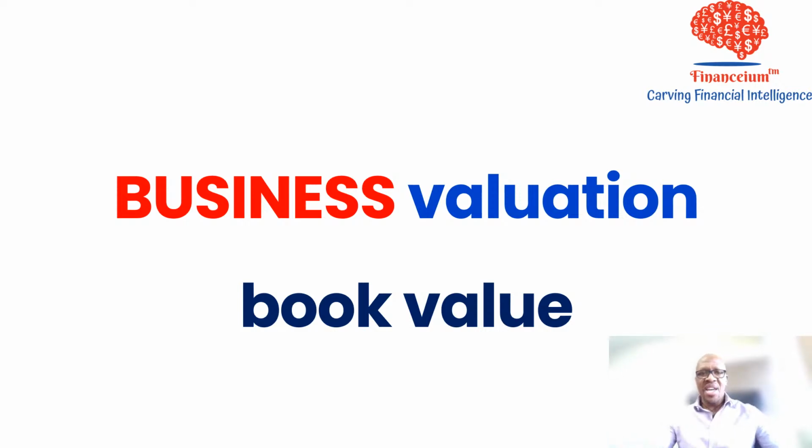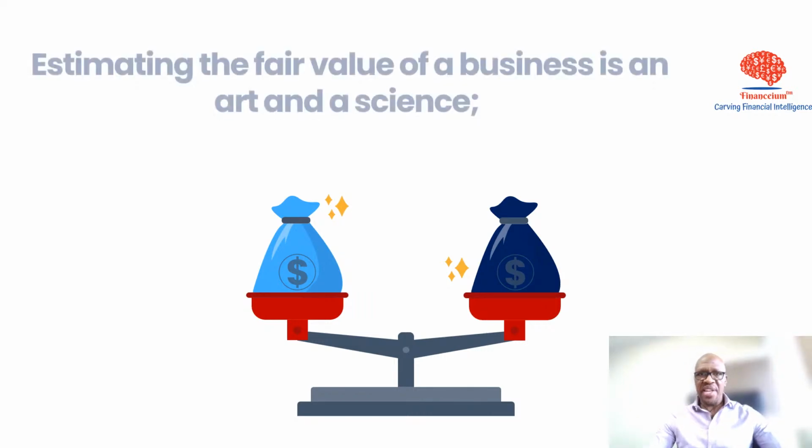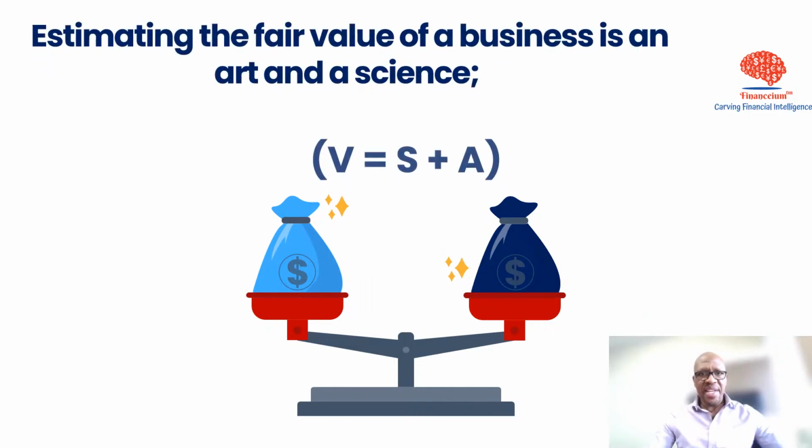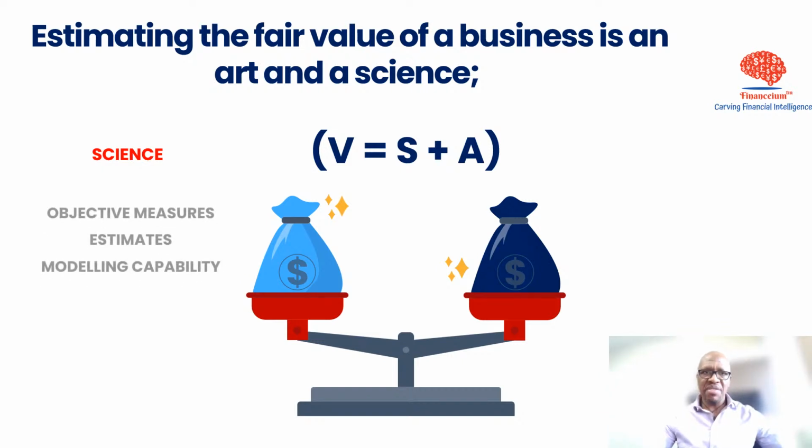We're in the series of business valuations, and today we are dealing with the book value valuation model. As you will remember, we've been saying business valuation is both science and art. Bringing the two together gives you a better perspective and a better valuation.